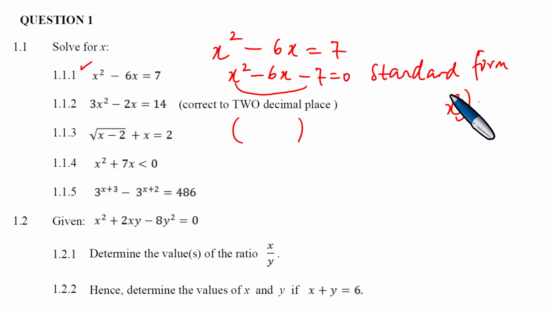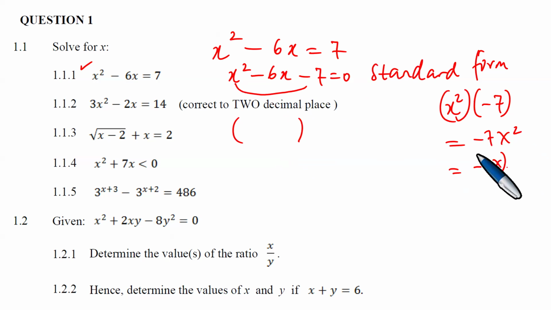So you have minus 7x squared. We identify the factors of minus 7x squared that give us minus 6, and those factors are minus 7x together with x.